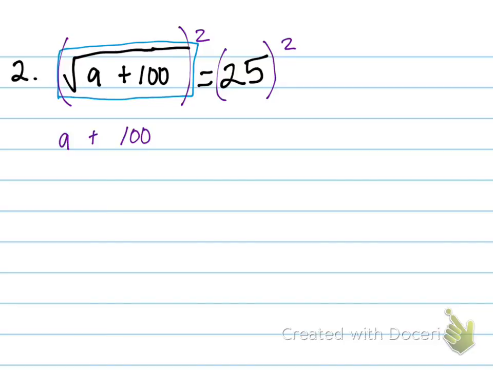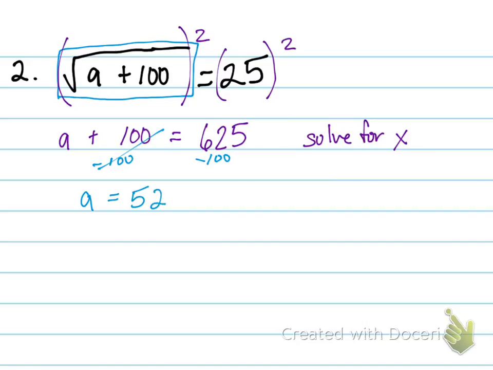A plus 100 equals 25 squared, which is 625. And you can put that in your calculator if you aren't sure. Then I want to solve for a. When I solve for a, that means that I need to subtract 100 from each side. So I end up getting a equals 525.